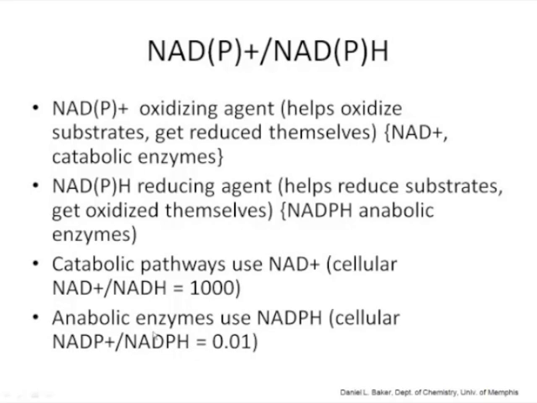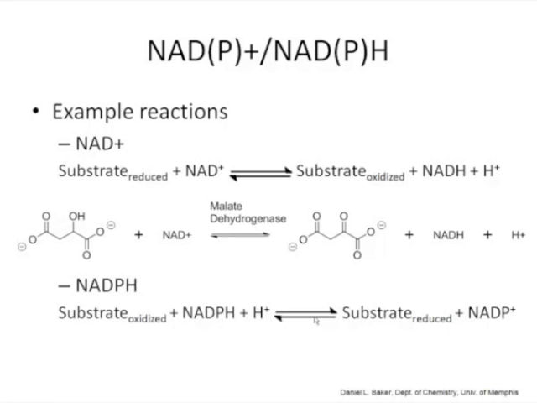So about 100 times more of the reduced form here than the oxidized form, whereas for the NAD+, we have 1,000 times more than here. So if we need to do an oxidation reaction, we're going to use NAD+ more often. If we're going to do a reduction, then we're going to use NADPH more commonly. That's the point of this.